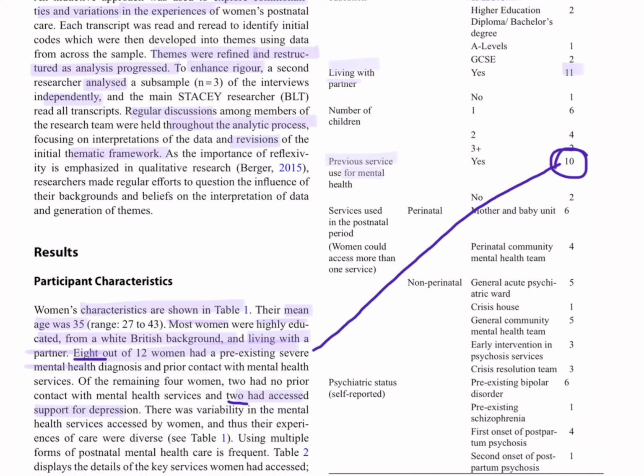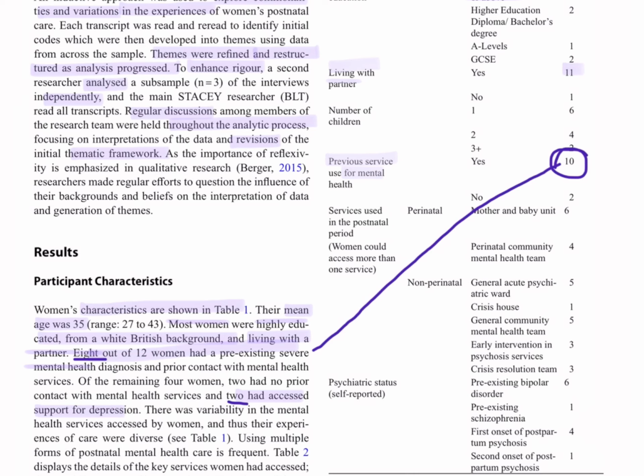That's important to include. Why? Because we'll learn in the discussion that the characteristics of the sample and small sample sizes can affect how confidently the study reflects the general population. In this case, we can already see that there are some limits. Okay, so that's the qualitative study method section.